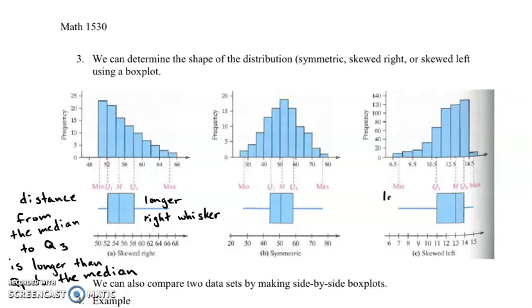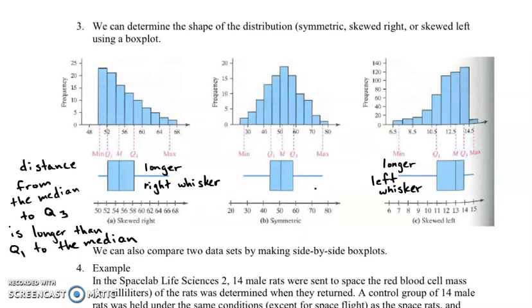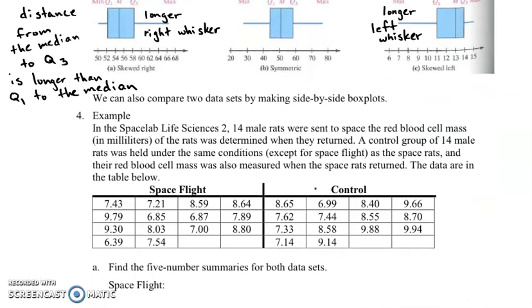So skewed left, we have a longer left whisker, and the distance from Q1 to the median is longer than the distance from the median to Q3. So that's how we can relate the box plots to the shape of the distribution.